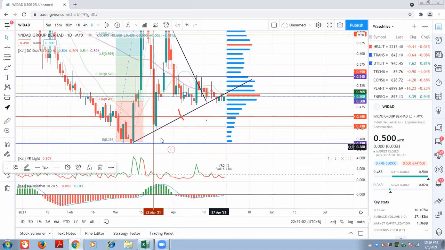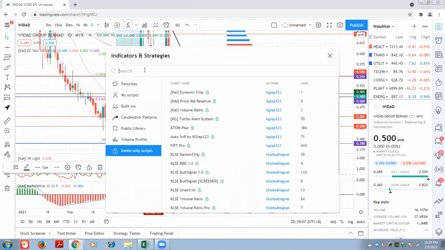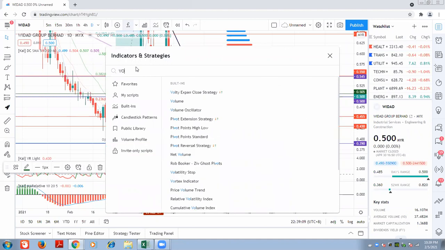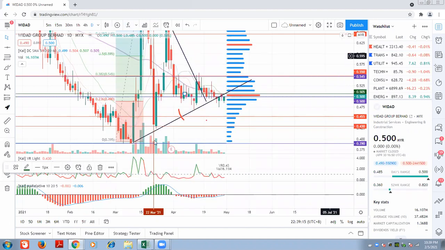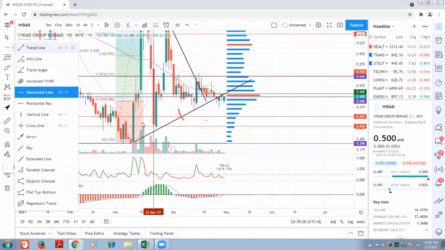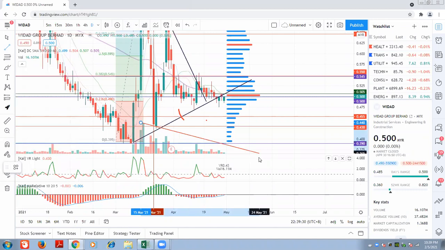VR analysis. For those who don't have VR, they can simply go to the FX and type volume. This is raw volume, a raw measurement from volume analysis. So you see the volume has decreased.